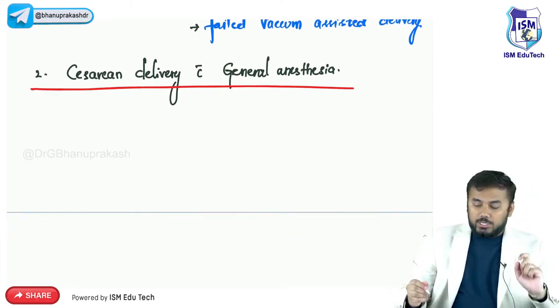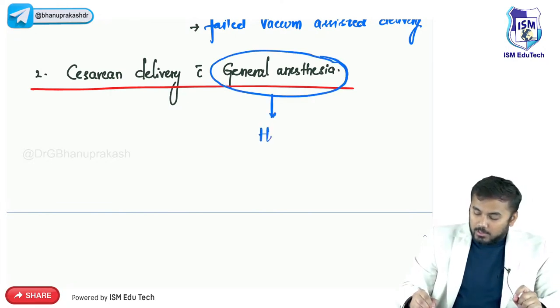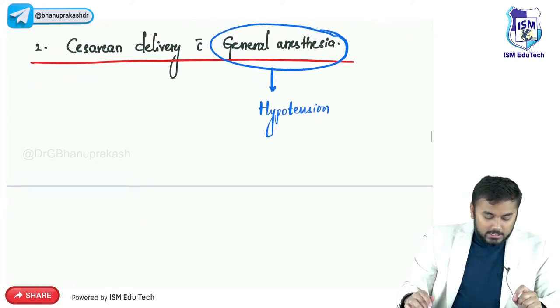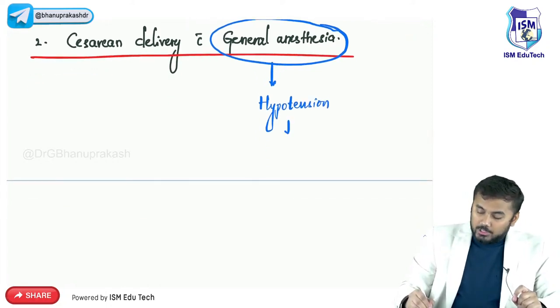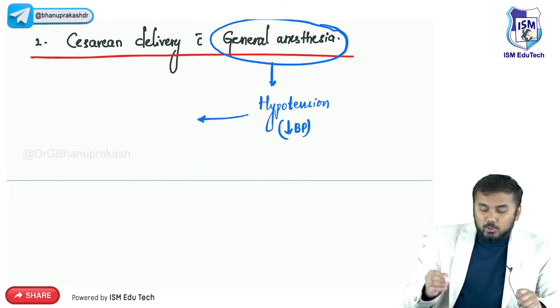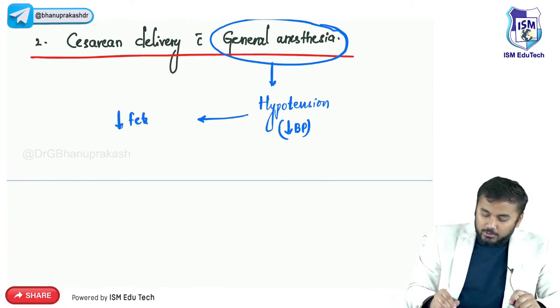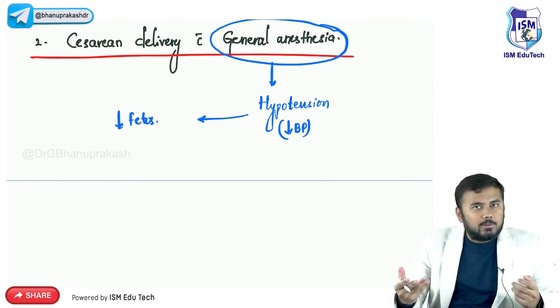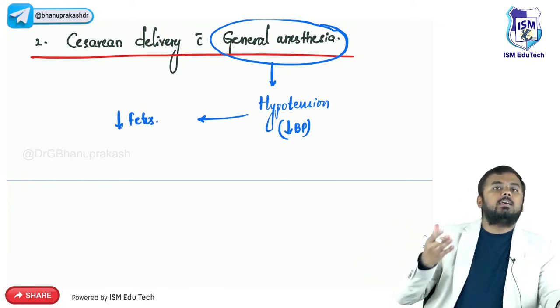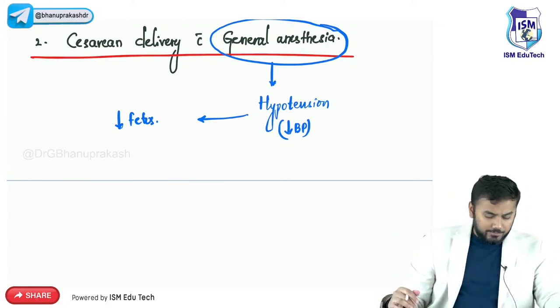Anesthesia causes hypotension. Anesthesia leads to hypotension, right? So hypotension means low blood pressure. So obviously when there is low blood pressure, there is a reduced amount of blood supplied to the fetus. And obviously when there is reduced blood supply to the fetus, what is the end result? Hypoxic ischemic encephalopathy. Okay?